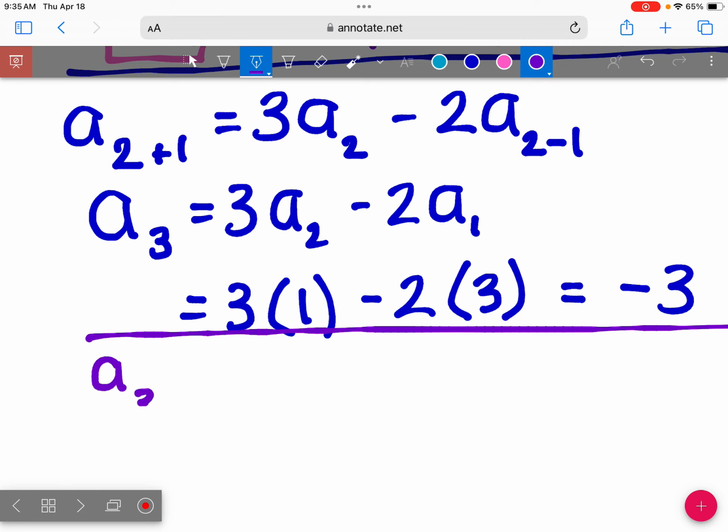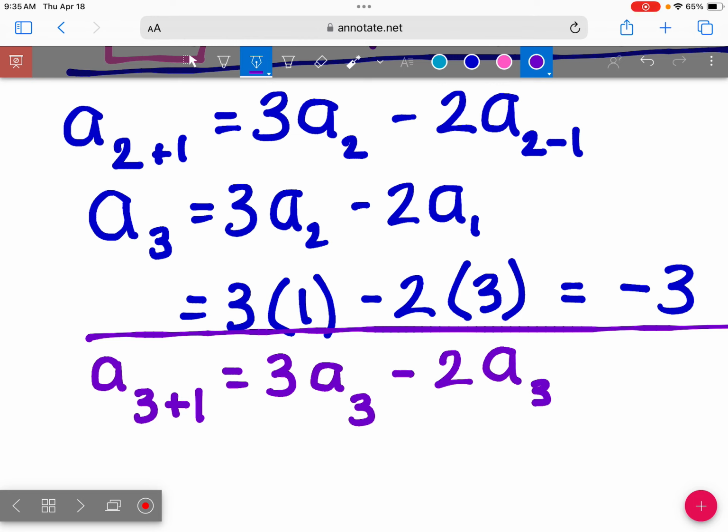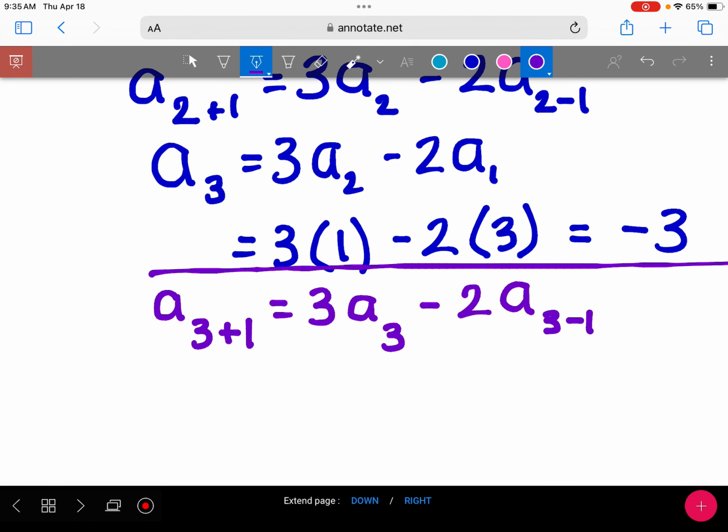A sub 3 plus 1, we're going to get from 3 times a sub 3 minus 2 times a sub 3 minus 1. So a sub 4 is going to come from 3 times a sub 3 minus 2 a sub 2.